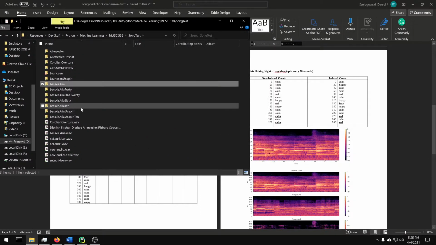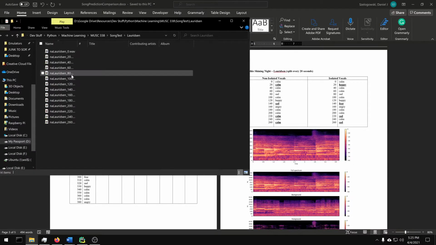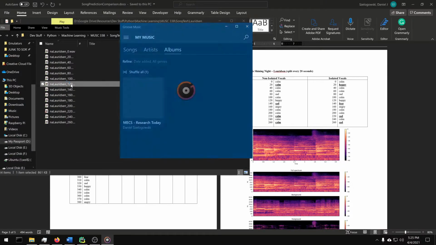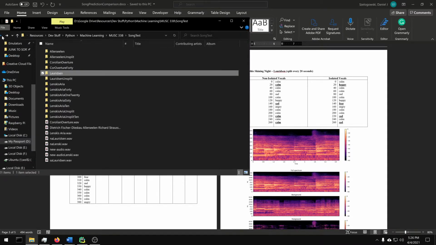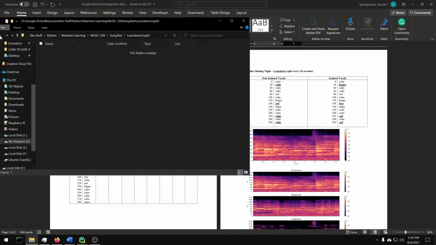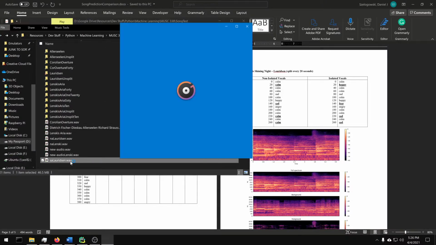Let's take a listen to Lauridsen. So let's say at 120 seconds, for example. So I would argue that sounds pretty happy, and I'll have to rerun the split for that one, but that would be this file right here.